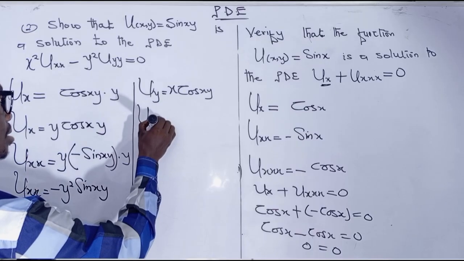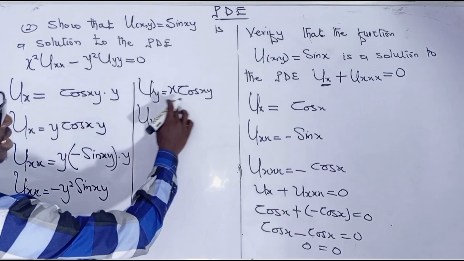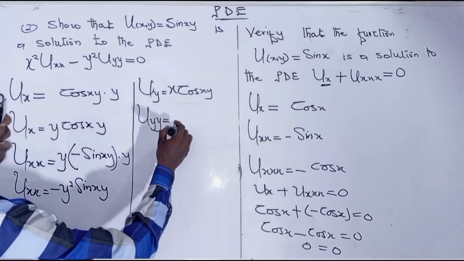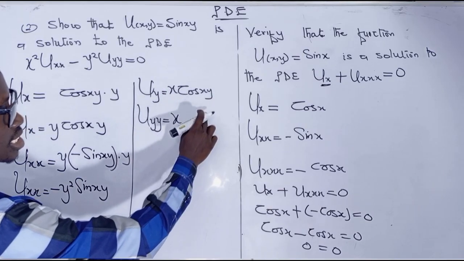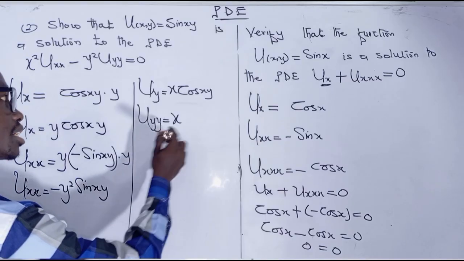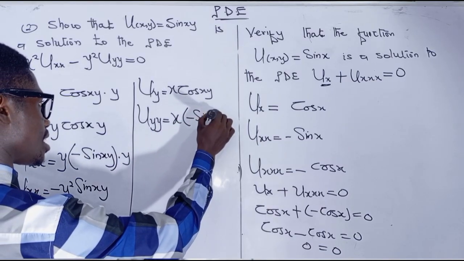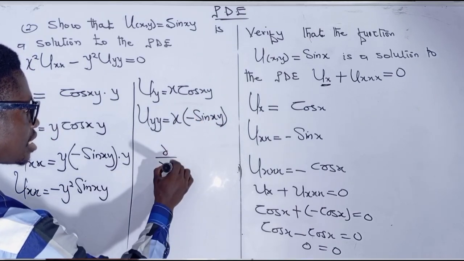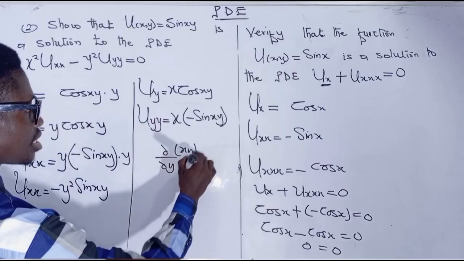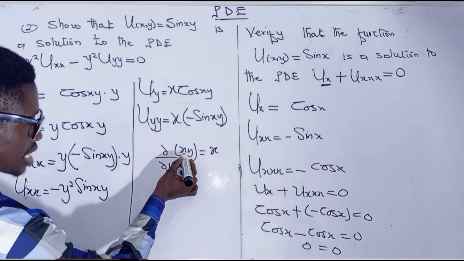Then we take the second partial derivative of the function with respect to y. So since we are differentiating with respect to y, x becomes constant. So we are going to repeat it. Then we differentiate this with respect to y. So when we differentiate cos xy, we are getting negative sine xy. Then we differentiate the inside function. We are going to get what? x, because x becomes constant.